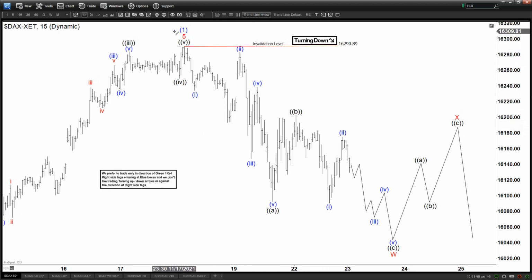Not only that this is a wave 1, so it's not the end of the move, but also the pullback is being labeled as an ABC zigzag, also WX. So that tells you that the move down is corrective, the move up is impulsive, and the move up is not finished because it ended with 1 at the top.